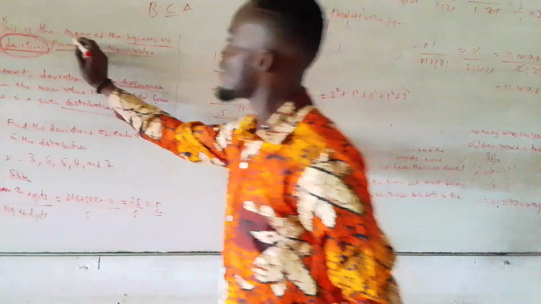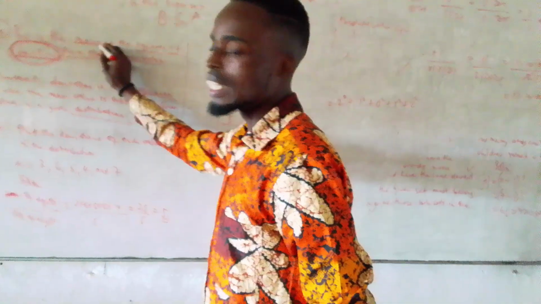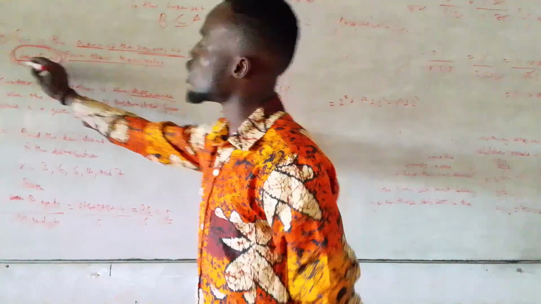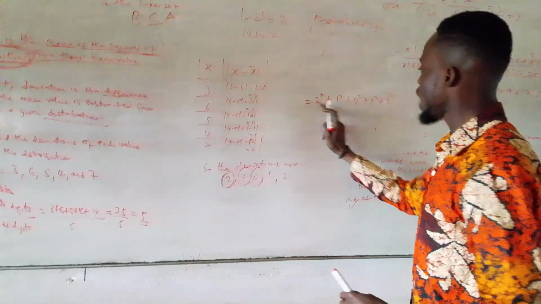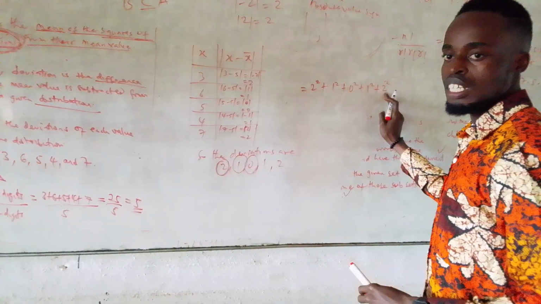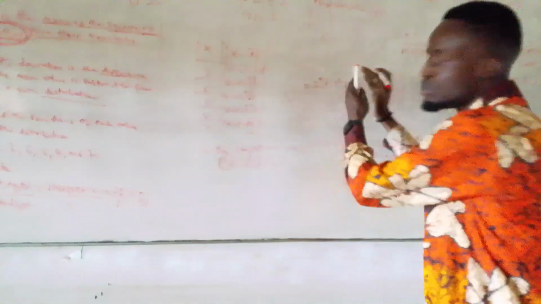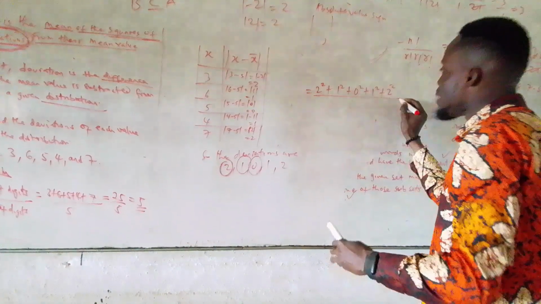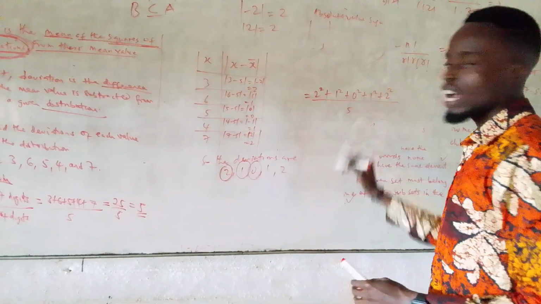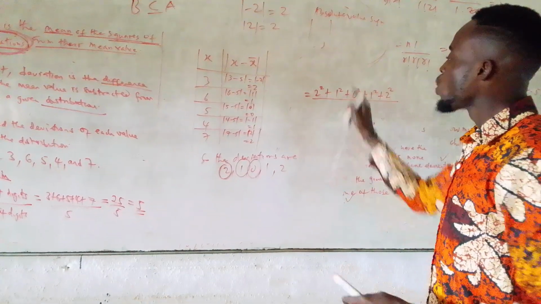What am I doing? I'm finding the mean of what? Squares of what? Deviation. So these are the deviations. Then I'm squaring each of them and then adding them together, divided by how many they are, which is what? 5. Are you there? Whatever it gives me is my what?